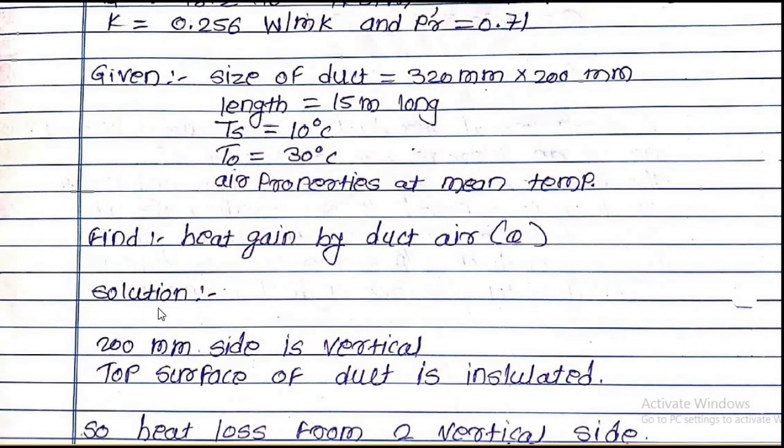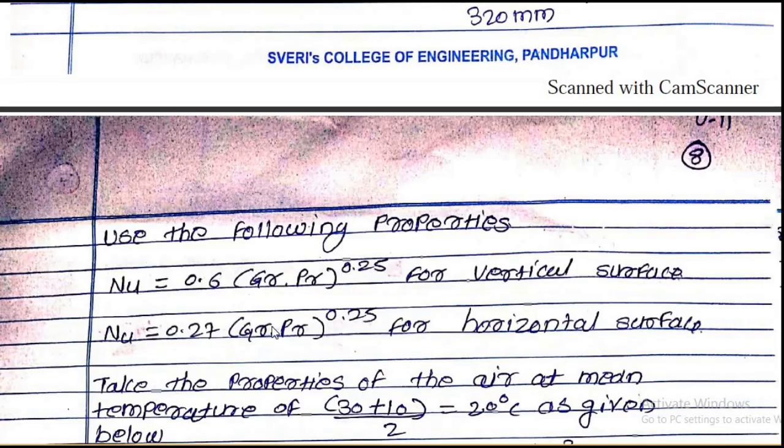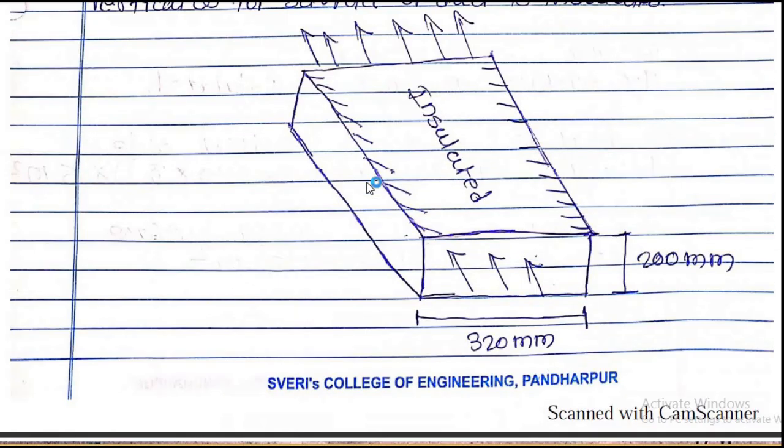Now in the solution we write two points related to the duct. One is that the 200 mm side is vertical, and second is that the top surface of the duct is insulated. On these two statements we can imagine the diagram of the duct, which I have drawn here. The 200 mm side is vertical, and the top surface of the duct is insulated.